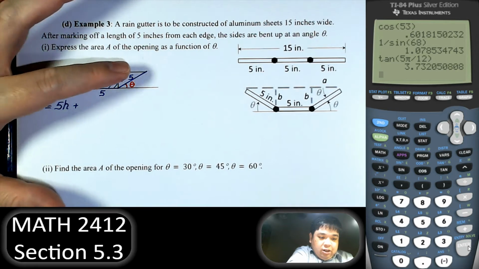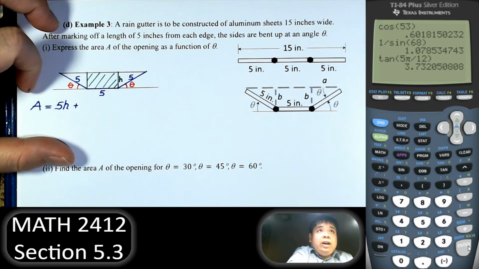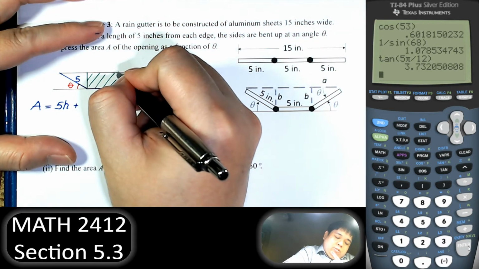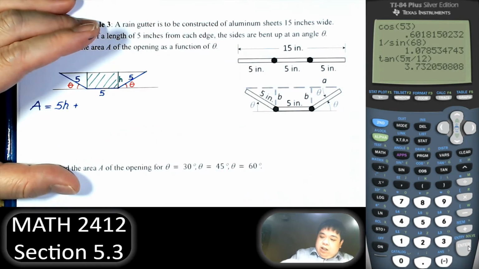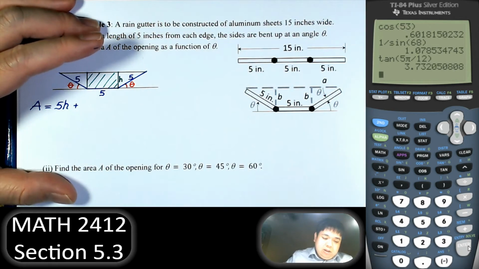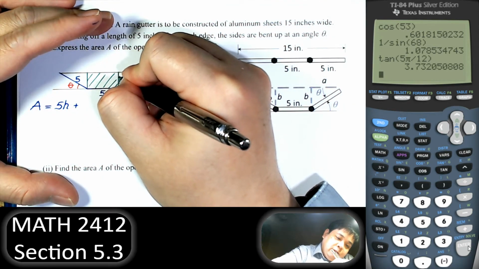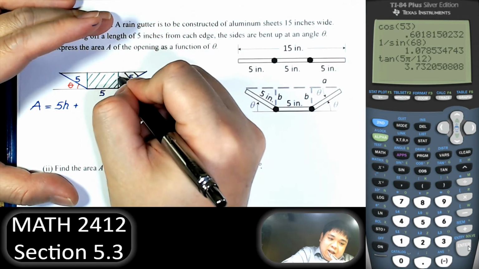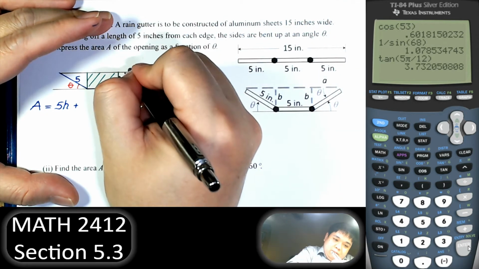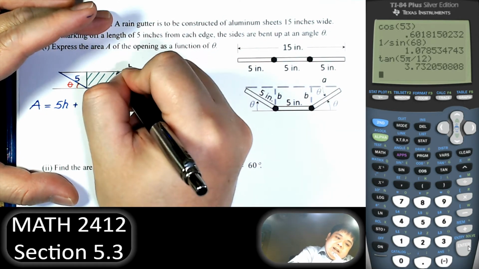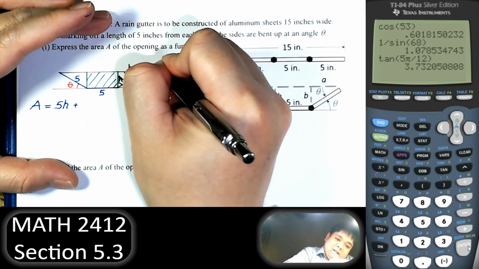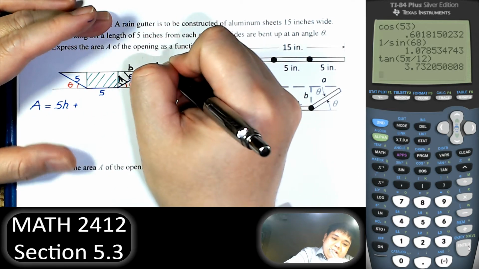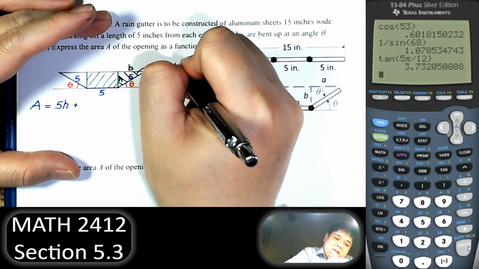Now we need the area of the two triangles here, right? If we put those two together, that will form a triangle, but let's just use the triangle. So the area of this triangle, let's say this is h, and let this be b, and this triangle is 1/2 base times height, right?